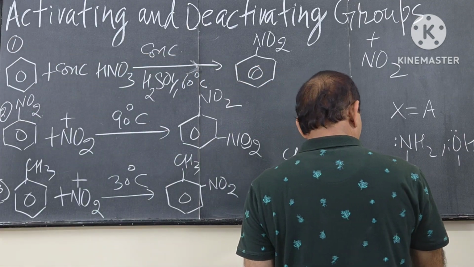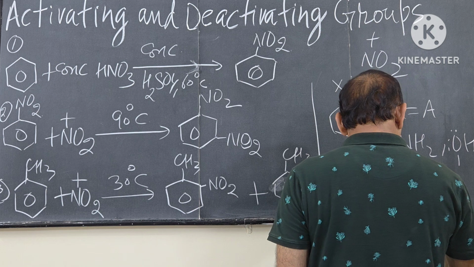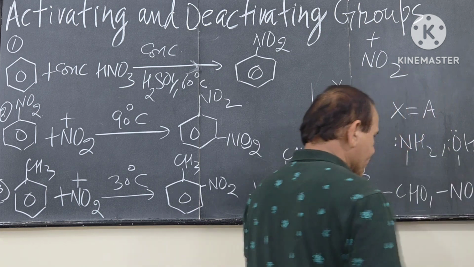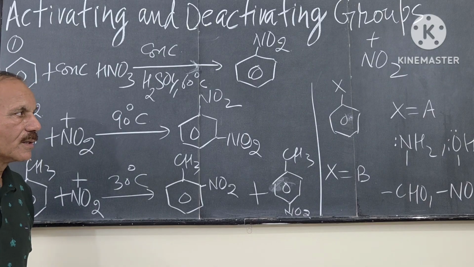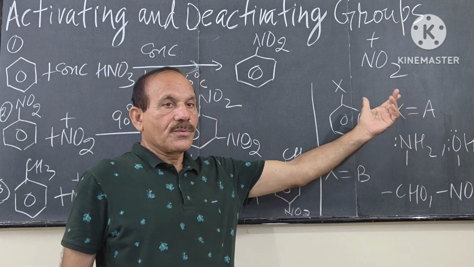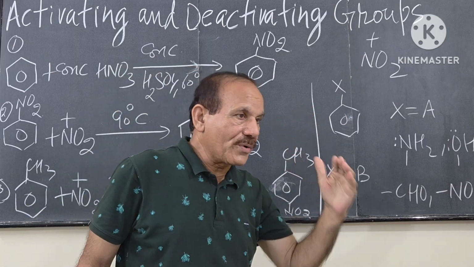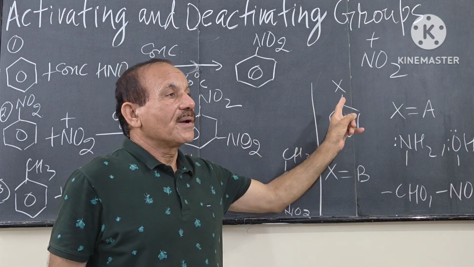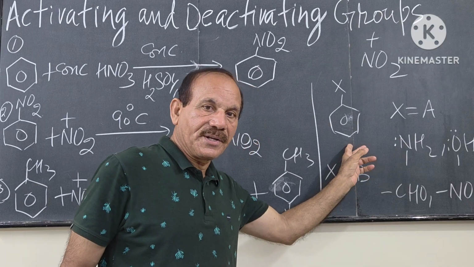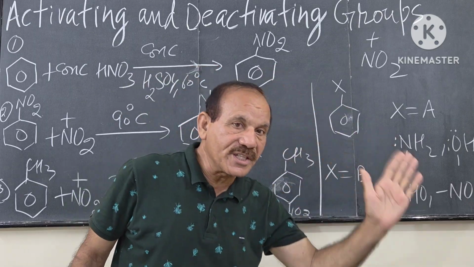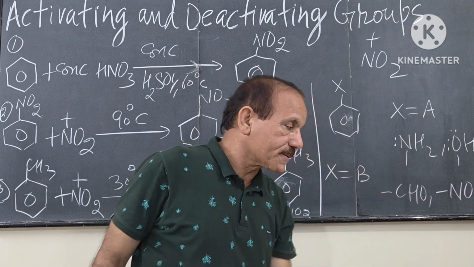B is equal to CHO, NO2, etc. So there are some groups which, when present on the benzene ring, increase its reactivity, and these groups are known as the activating groups.